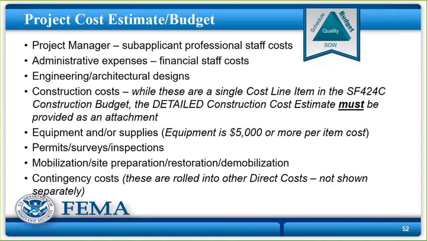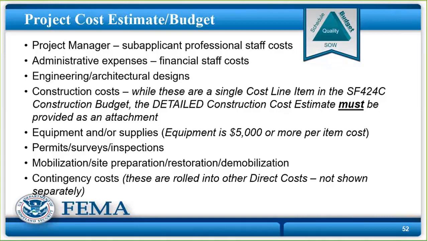I guess one thing I did want to mention is that sometimes, because we get asked this, permits cost money, inspection costs money. If the tribe donates the inspection cost, so let's say you have your own building department and you're doing your own building inspection, if you donate the cost of the permits and the cost of doing the inspections, that's fine. That's cash.